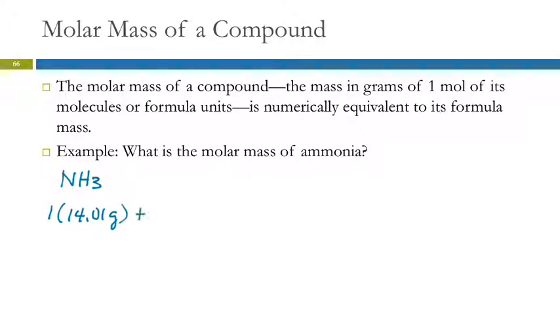And we have 3 moles of hydrogen, and each mole of hydrogen weighs 1.008 grams. 14.01 plus 3 times 1.008 equals 17.034 grams. That is equal to 1 mole of ammonia.